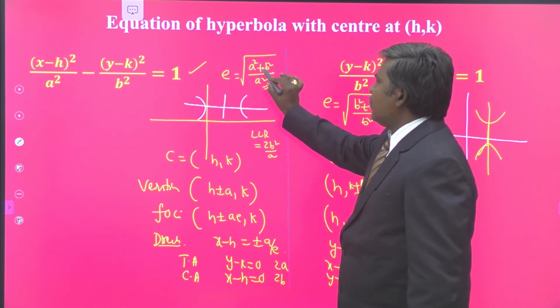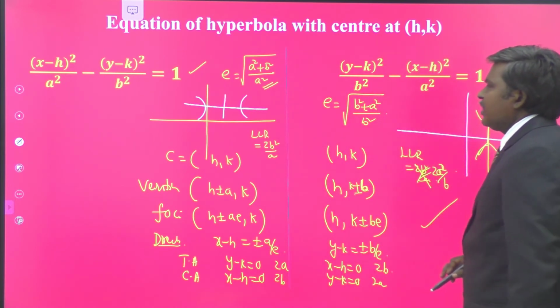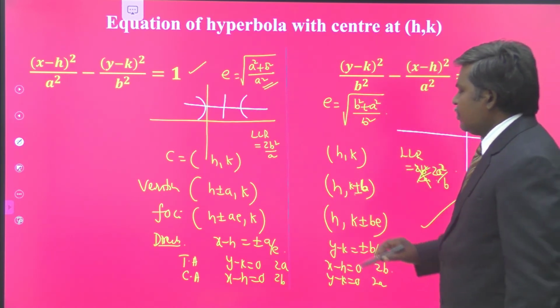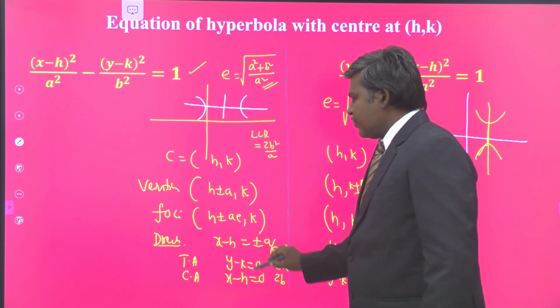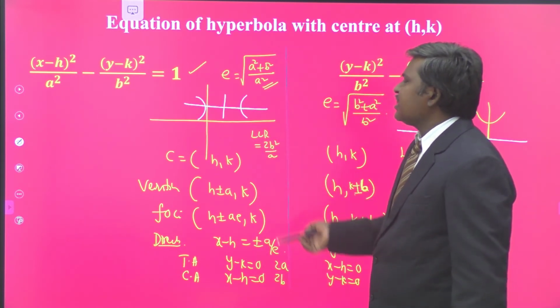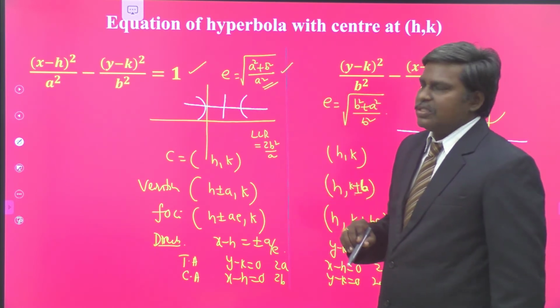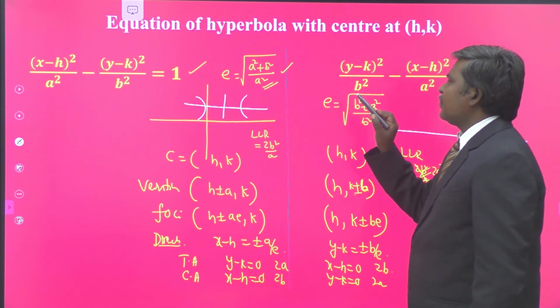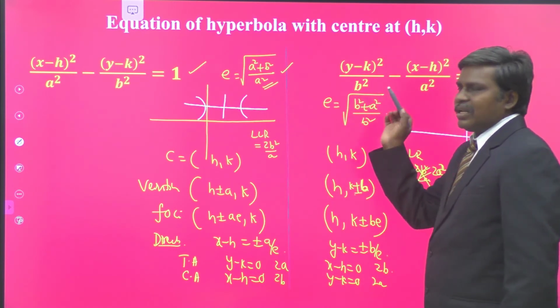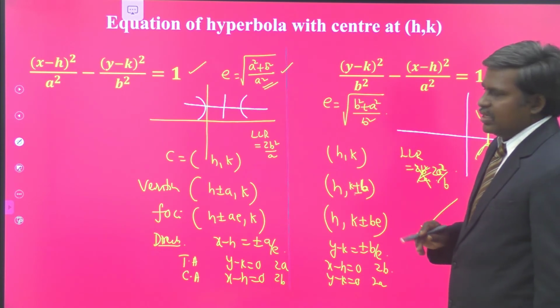In the remaining, each and every formula is the same as in the ellipse, but the meaning is different. Here the eccentricities are different from the ellipse. There e is equal to root of a square minus b square by a square. Here e is equal to root of a square plus b square by a square.